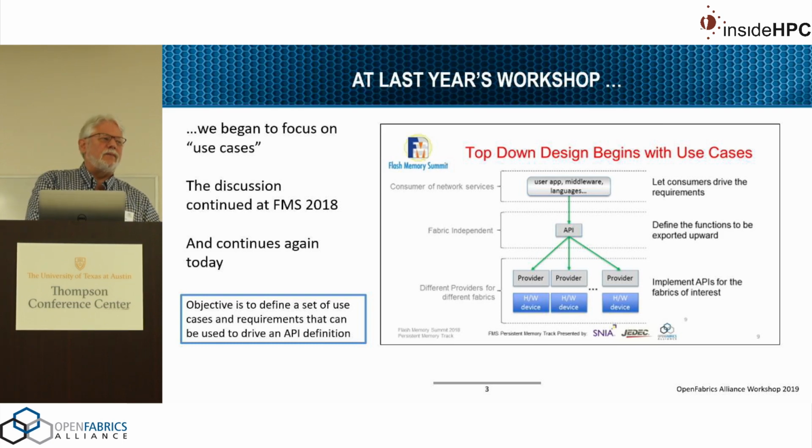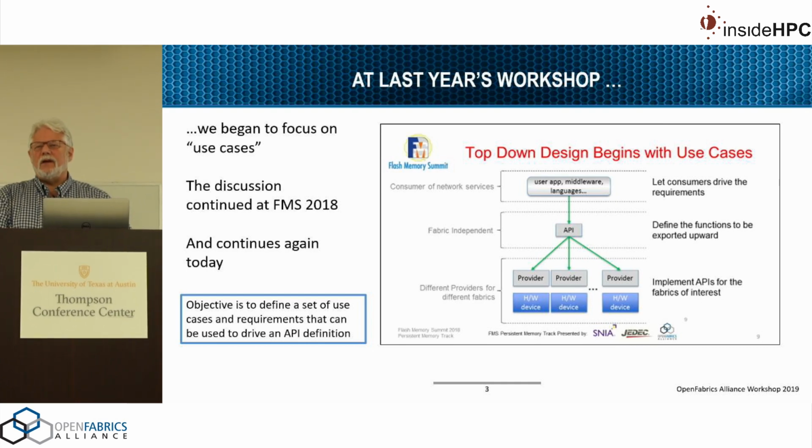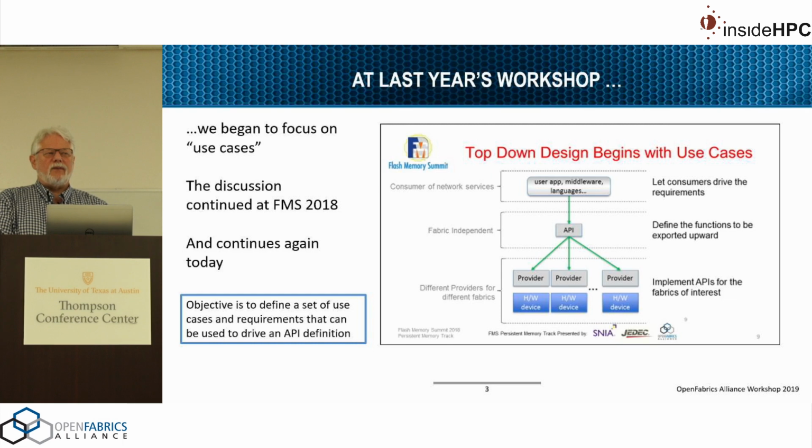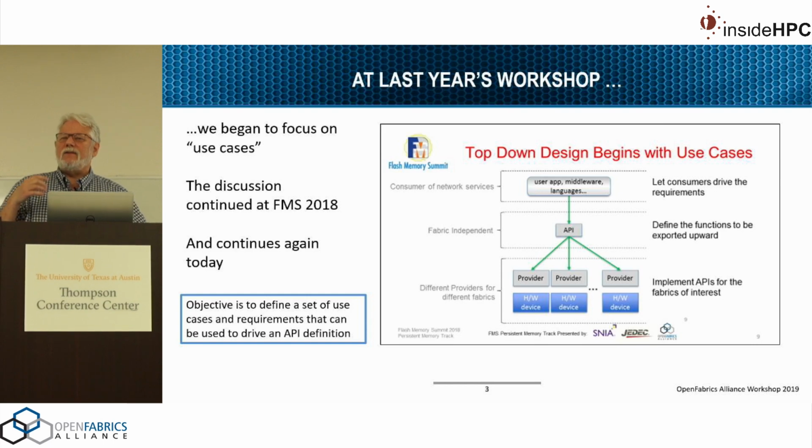But there's a fundamental difference in the case of remote persistent memory compared to the way we've done this in the past in, say, OFIWG, when we developed LibFabric in the first place. LibFabric was also consumer-driven, top-down driven, but in that case we had a very clear application that we were targeting, or a number of applications, in particular MPI and SHMEM and some other distributed parallel applications.